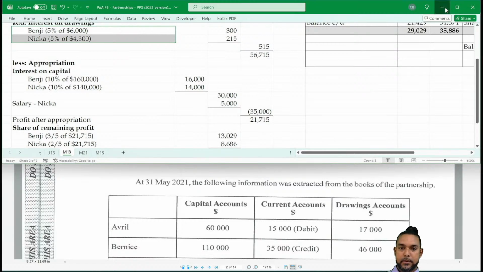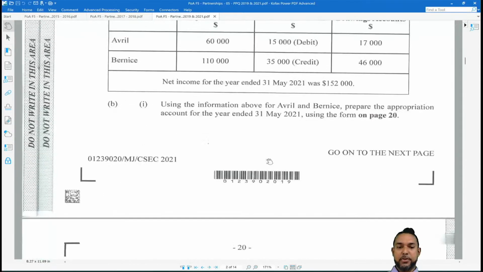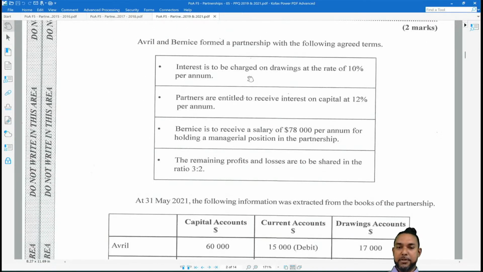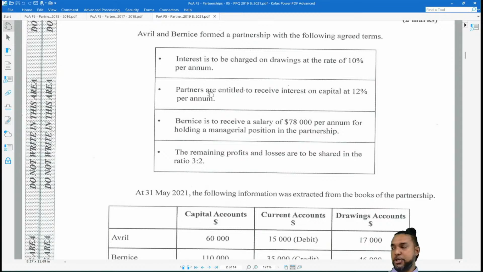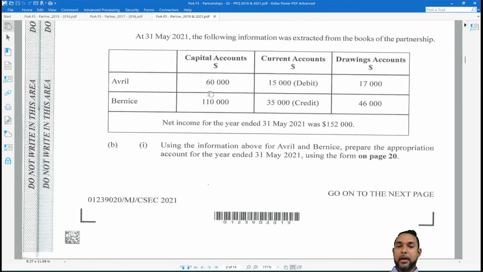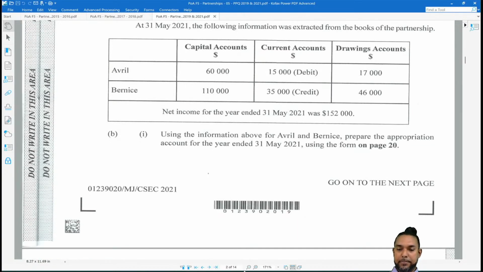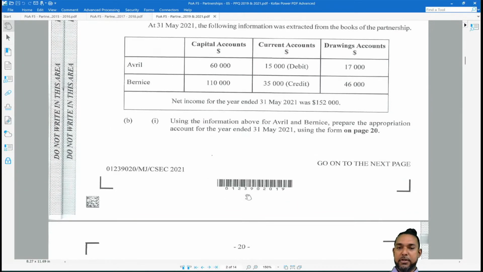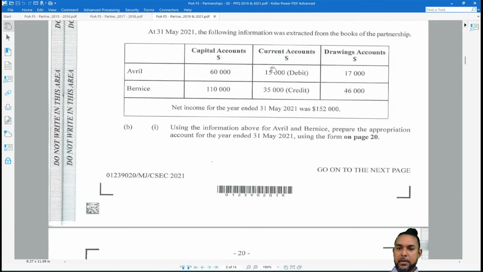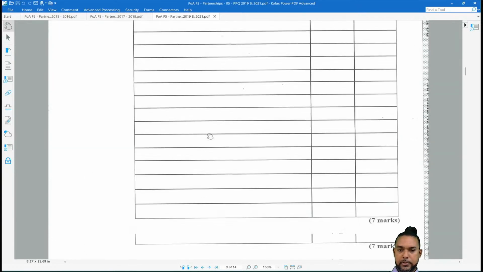Okay, right. So we have the 2021 May June question here. It's Avril and Bernice. We did the appropriation account last week, Wednesday, which I'll send to you guys in the chat just now. But here I'm going to leave up the information regarding the capital and current accounts and the drawings.